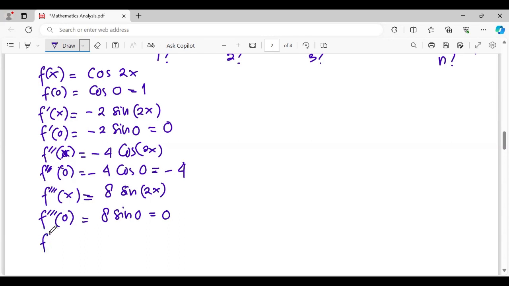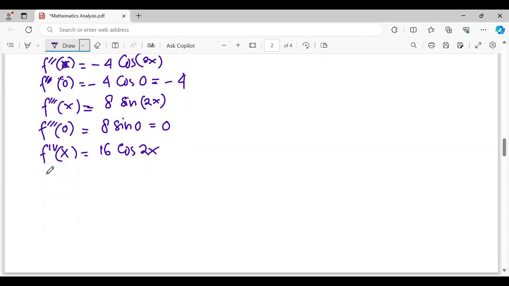And the fourth derivative equals 16 cosine 2x. If x equals 0, it becomes 16 cosine 0 equals 16.